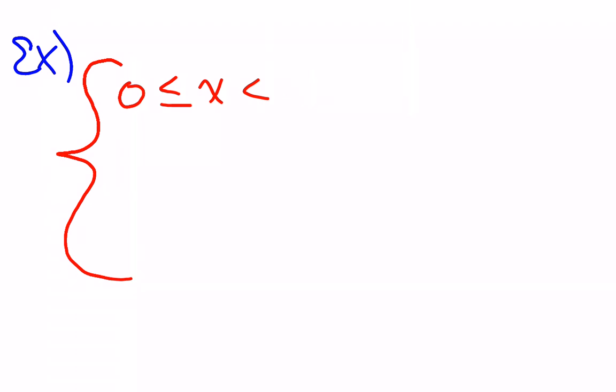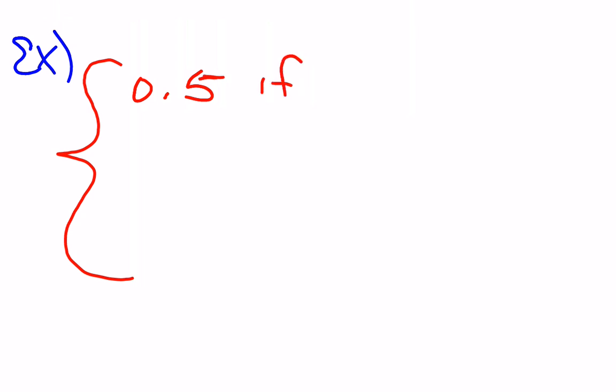Means, I'm going to erase that just for a second, that they get 50 cents. So 0.5 if, the same way we saw the other one, you've worked with them for up to 3 years.